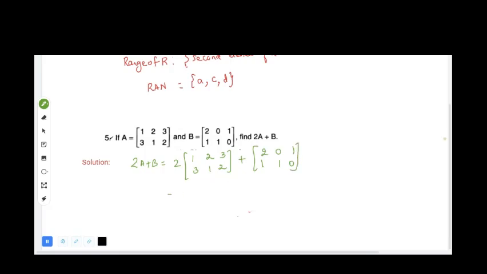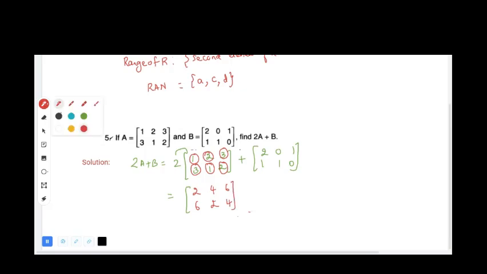Multiply the 2 inside the bracket: 2 into 1 is 2, 2 into 2 is 4, 2 into 3 is 6, 2 into 3 is 6, 2 into 1 is 2, 2 into 2 is 4.